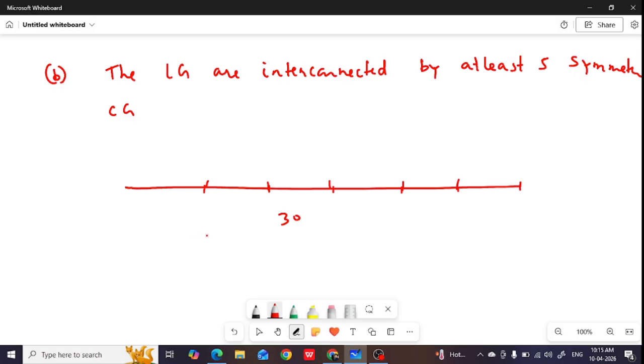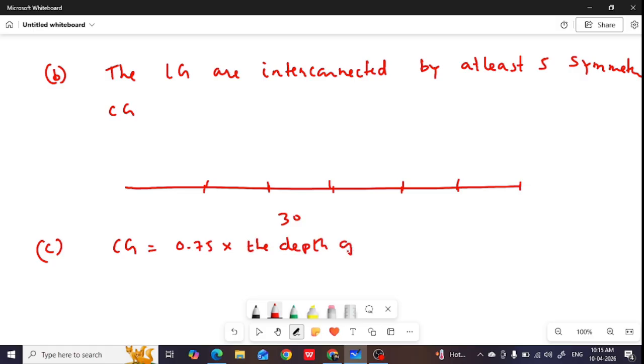Third condition of the Corbin's method, condition C. The cross girders extend to a depth of at least 0.75 times the depth of longitudinal girders.